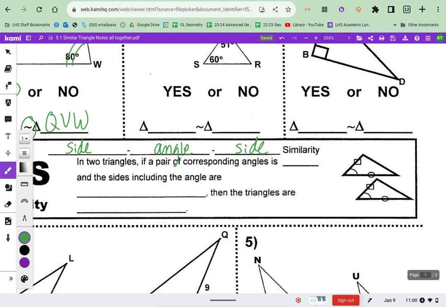So, in 2 triangles, if a pair of corresponding angles is congruent, so you have one congruent angle in each triangle, and the sides including the angle, so the sides that are attached to the angle, are proportional, then the triangles are similar.